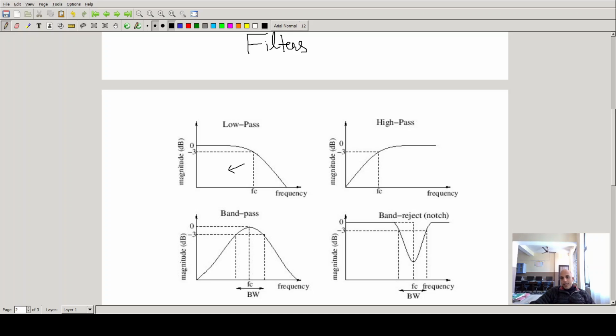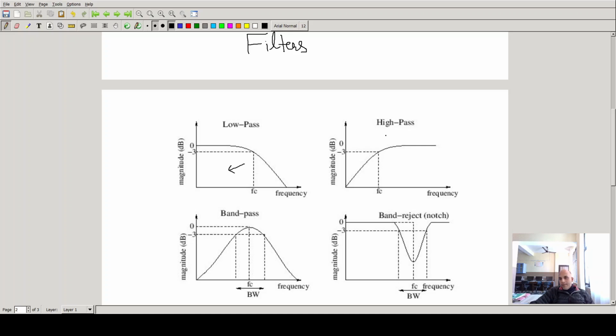And after this point, the gain of the amplifier will reduce gradually and it will ultimately become zero. It means all those frequencies which are above this cutoff frequency will be stopped by this low pass filter. It means all this band is pass band and this band is stop band, right?